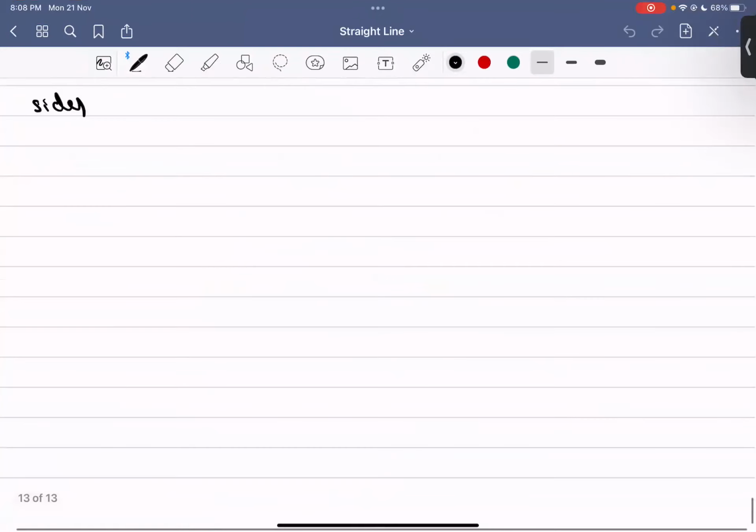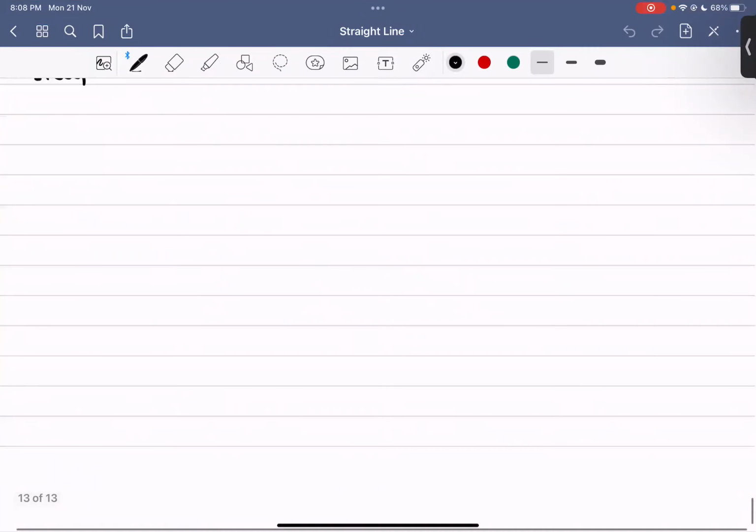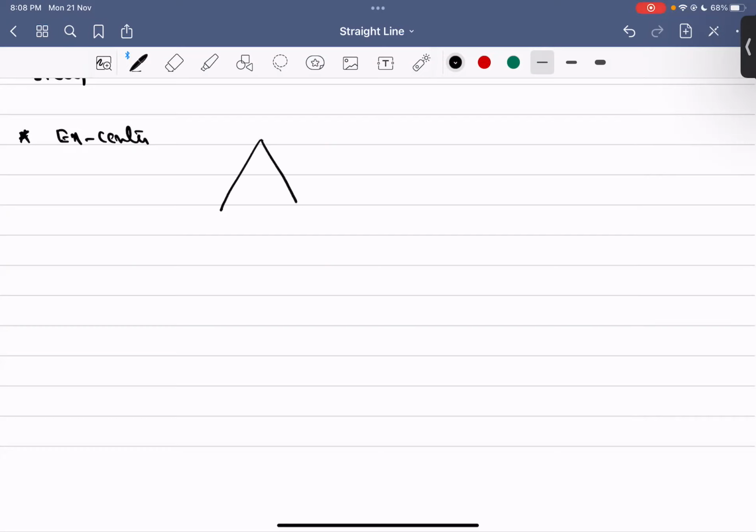Next definition is the excenter. Suppose the triangle is ABC.